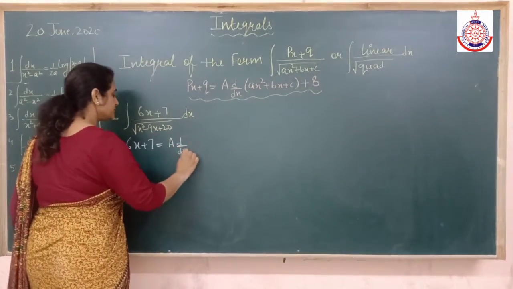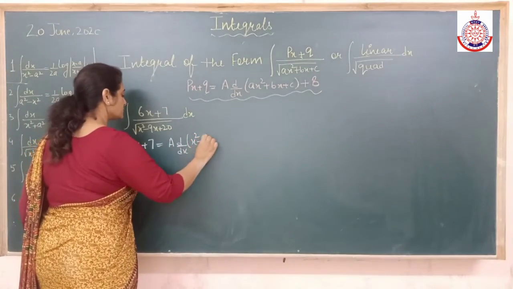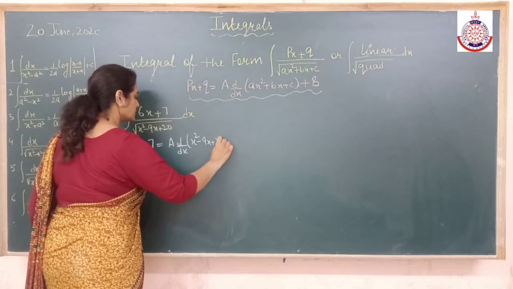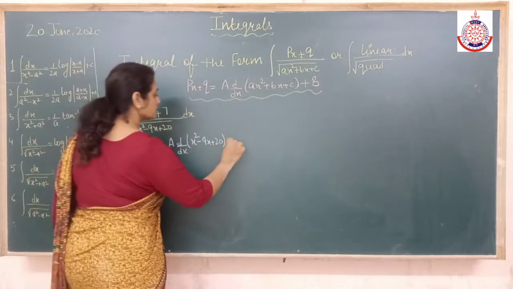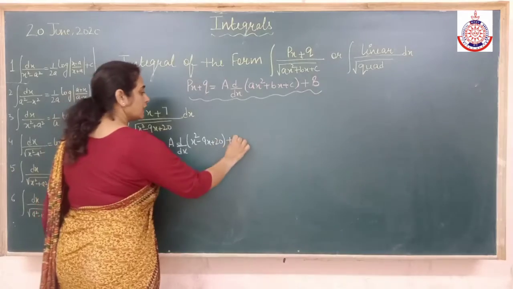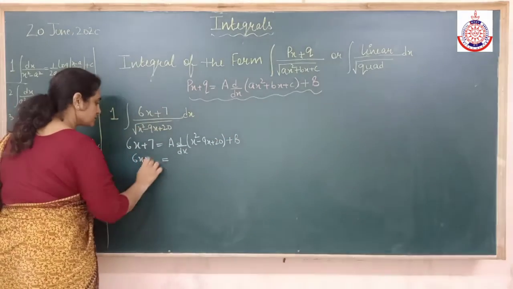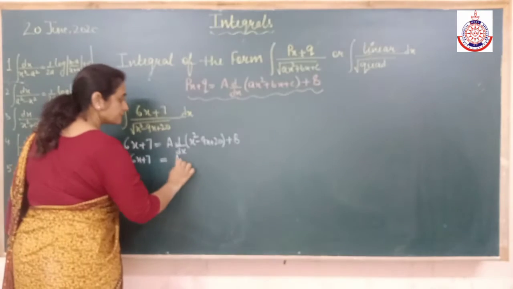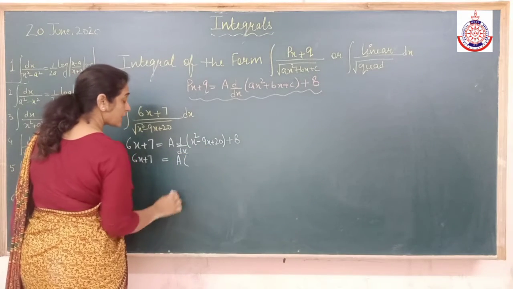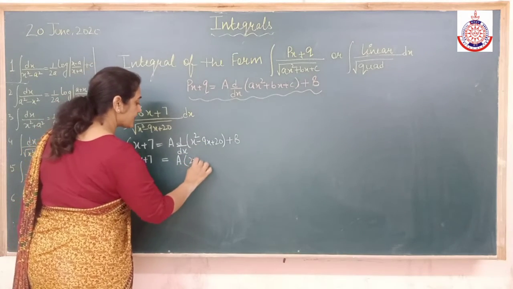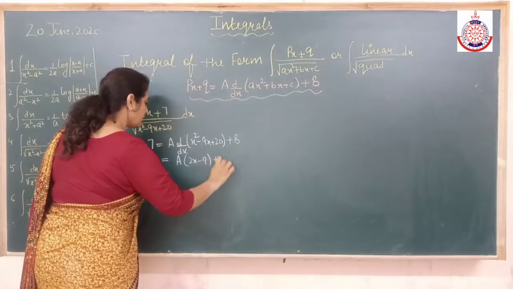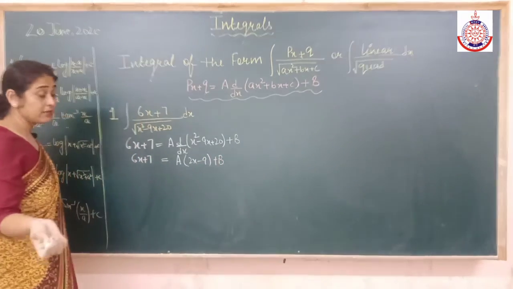So I put differentiation of, so that is x square minus 9x, 2x minus 9, and you know how to find out a and b by now.